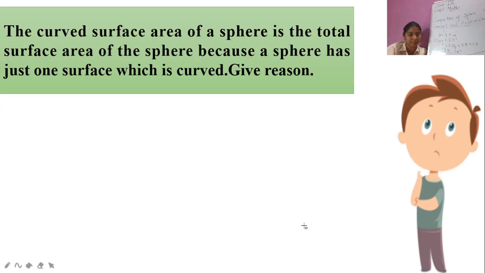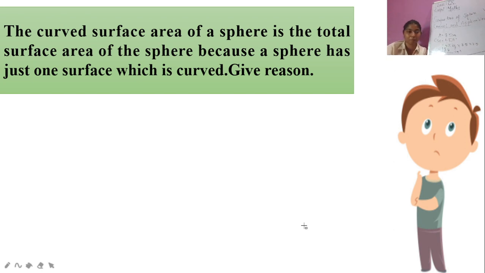Yes, students, the reason is that the curved surface area of a sphere is the total surface area of a sphere, because a sphere has just one surface, which is curved. Is it a correct statement, students? Yes, it is a correct statement, right?